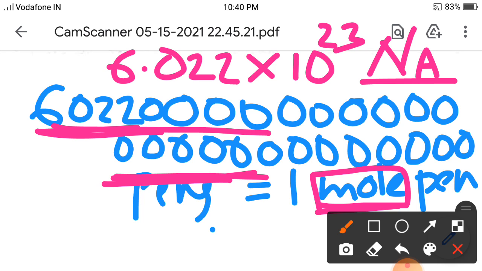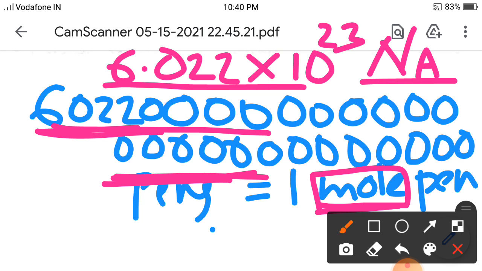So mole is a word that denotes the number 6.022 into 10 raised to 23, and that number is called the Avogadro number.